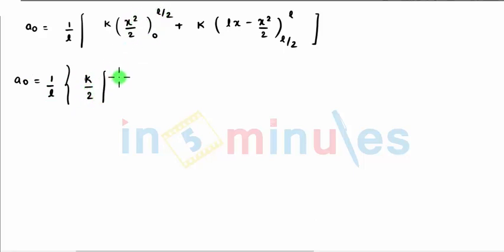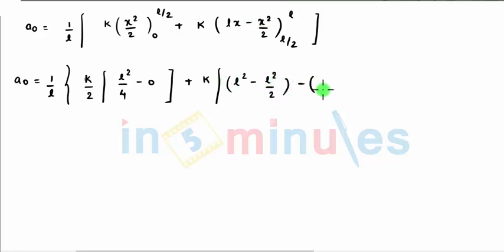When you substitute l, that becomes l square divided by 4 minus 0, so that's the limit, plus here k. When we substitute l, this comes to be l square minus l square by 2, minus the lower limit, that is l square by 2 minus, when we substitute here, l square by 4, so this becomes l square by 4 and l square by 8.